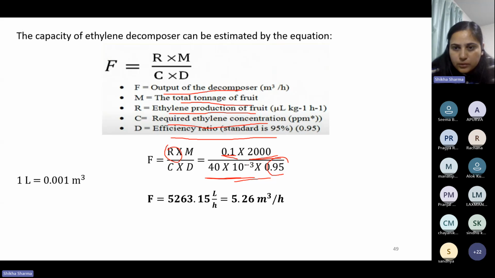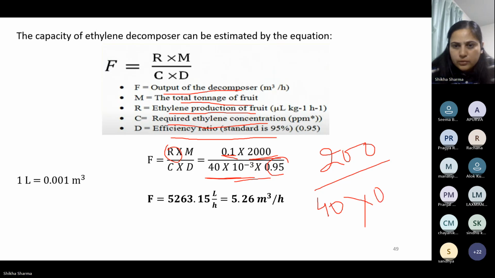So when we solve this, we are going to get around maybe 200 divided by 40 into 0.95. Here we can write it as 0.2, right?